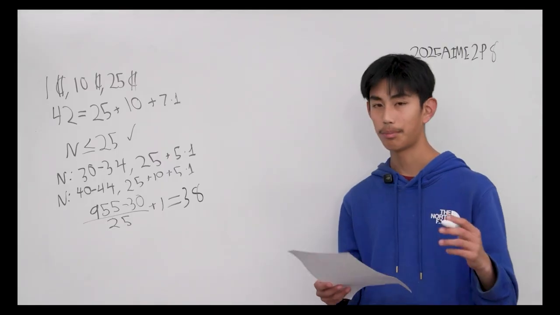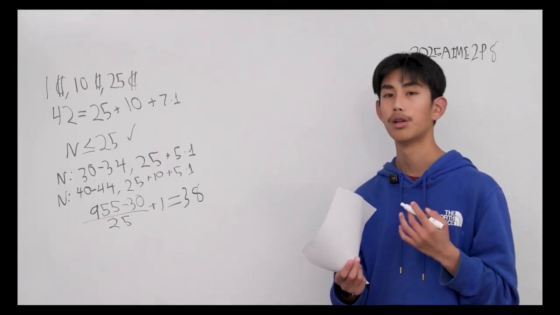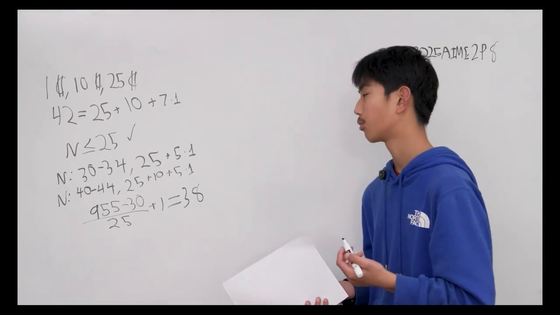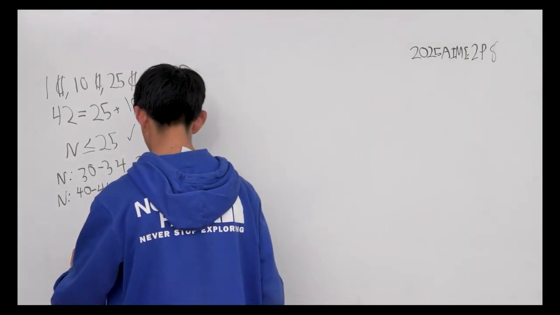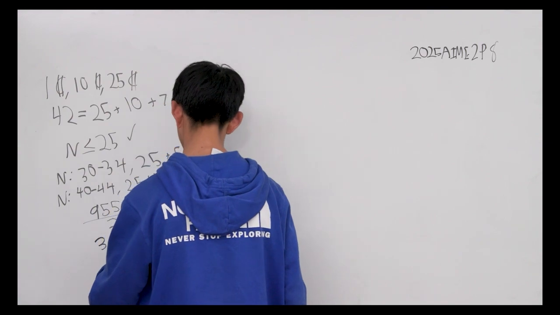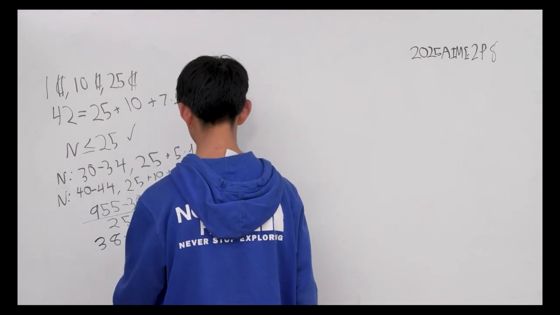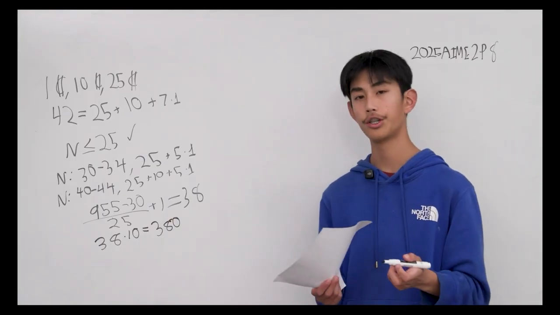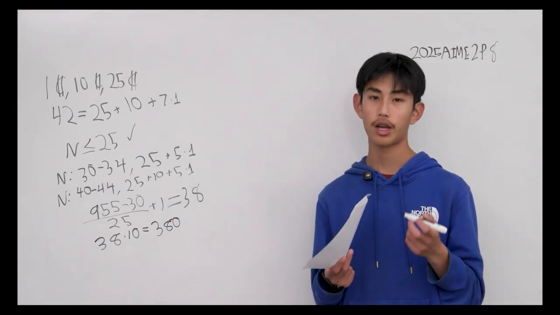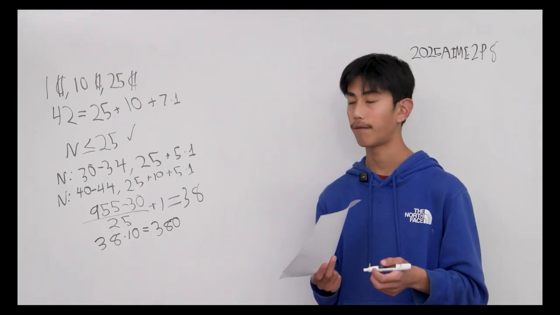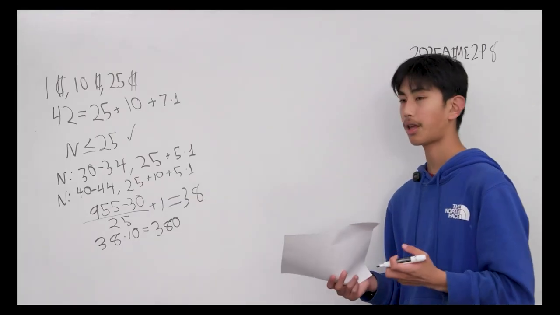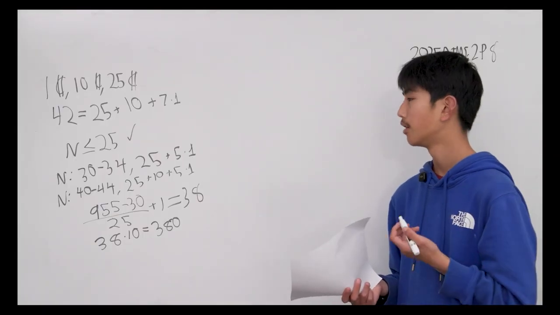Since we want to use complementary counting, we need to find the number of numbers that don't work. Since there are 10 numbers that don't work in every 25, we do 38 times 10, which is 380. Now, this is when we're not considering the range n is 980 to 1,004. If we're considering that range, then there are 2 cases that don't work.